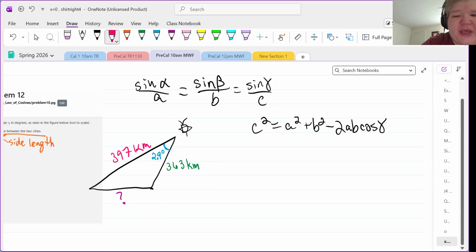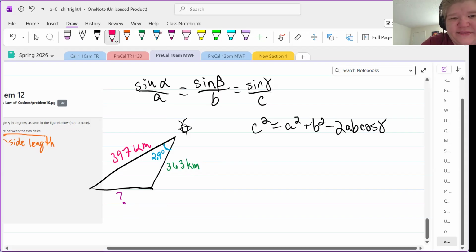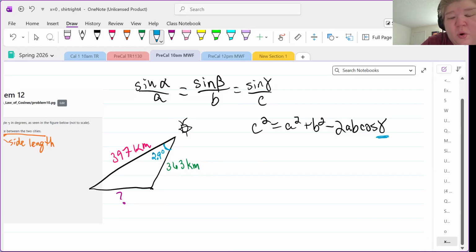In either of those two cases, we have pairs of things that go together. So alpha with side A, beta with side B, gamma with side C. Now, my law of cosines only has one angle in it, angle gamma. So when I have a triangle with only one angle given, I call that angle gamma. Now, once I've decided that is gamma, the side opposite gamma must be side C then. So we are solving for side C.